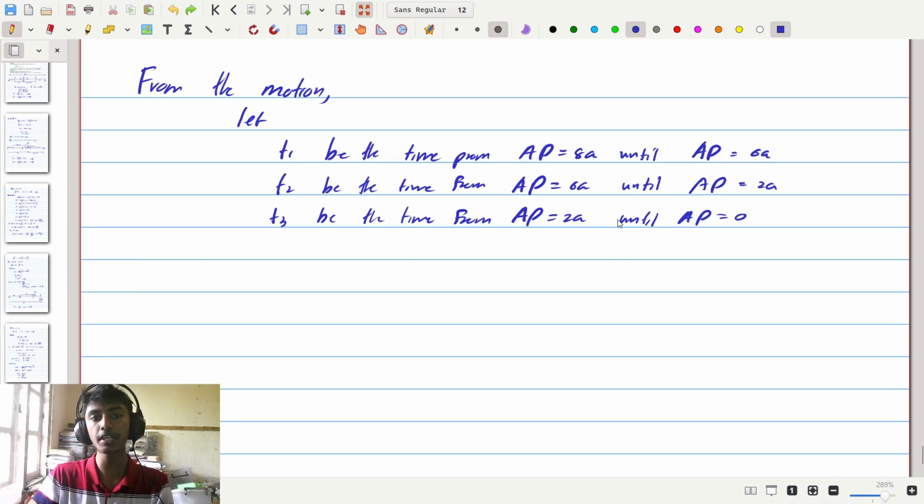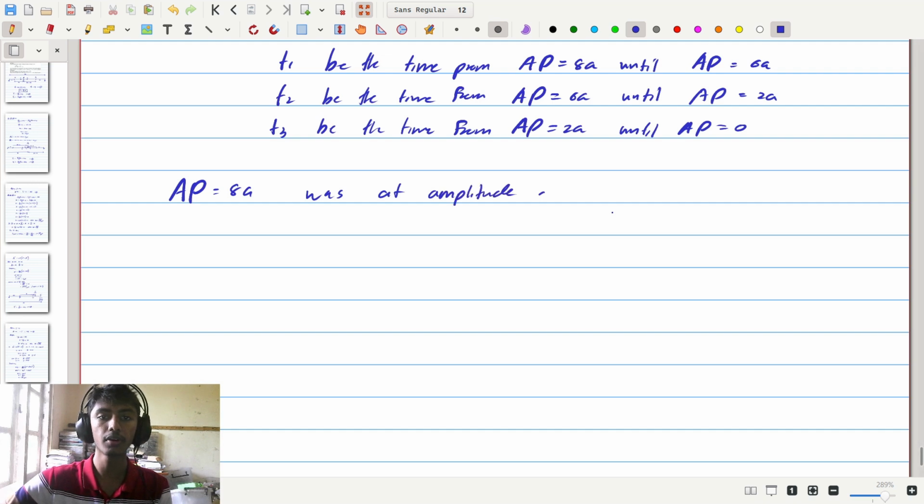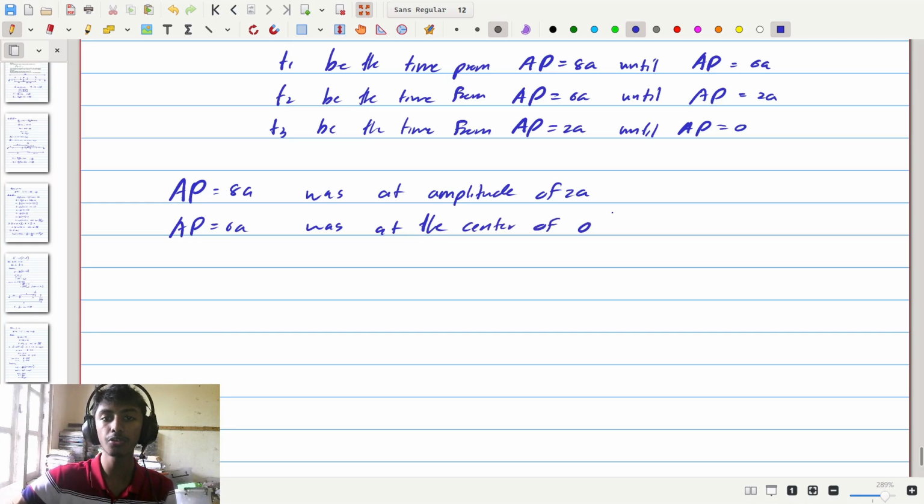So considering T1, T2, T3, if we try to do T1 first, for T1 we started at AP equals 8a, which was actually at a maximum amplitude, an amplitude of 2a, and AP equals 6a was at the center of oscillation, since it was in fact the equilibrium point.